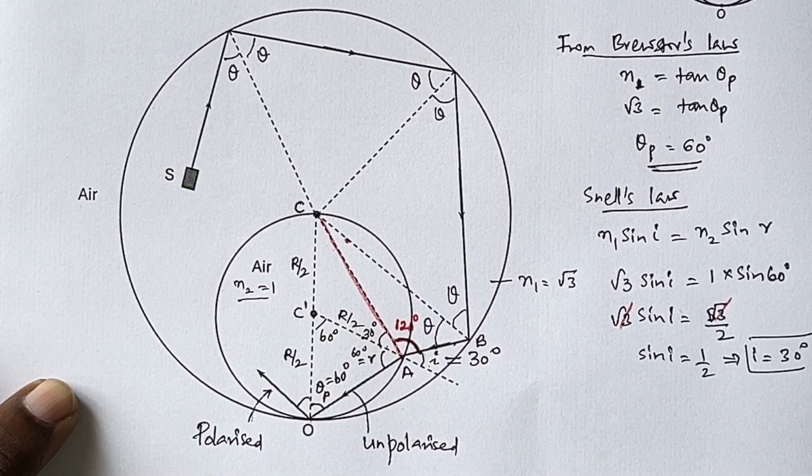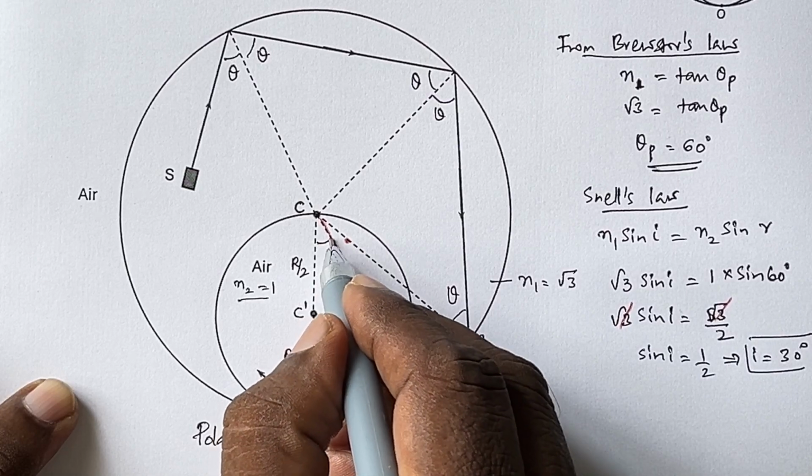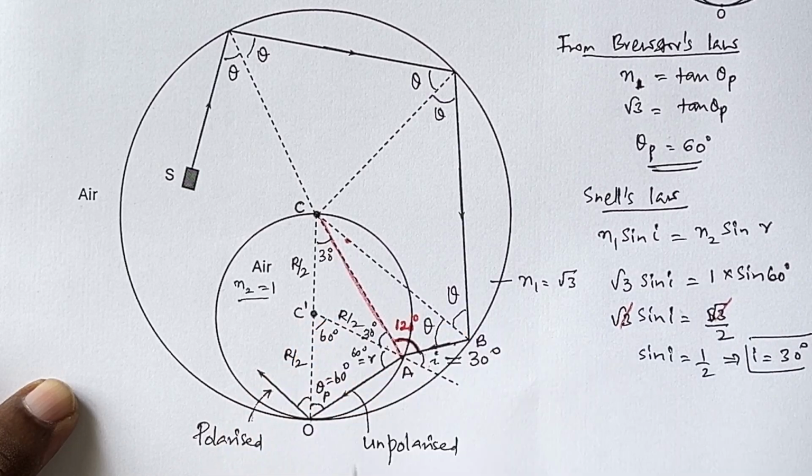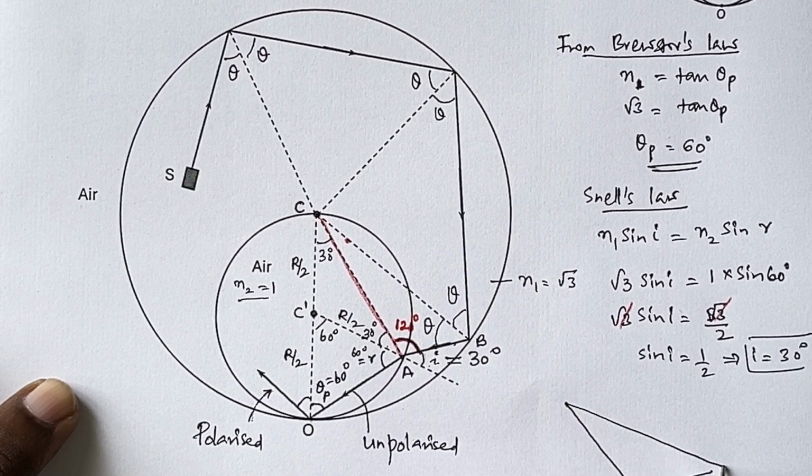See here 30 degrees, so this is also 30 degrees. So I am drawing this triangle here like this. This is C and this is A. This is B. This angle is equal to 120 degrees.